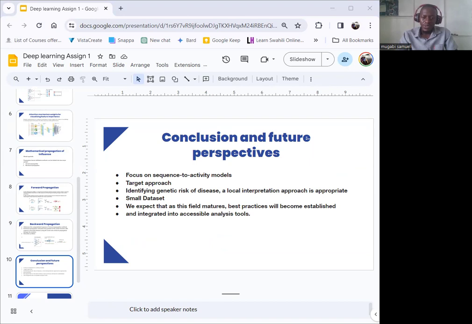But what is most important to note here is that you have to start with a target in mind. You have to understand the biology behind and come up with a target that you want to achieve.